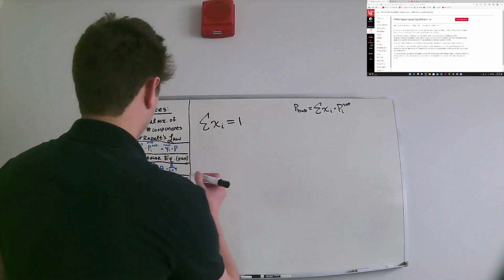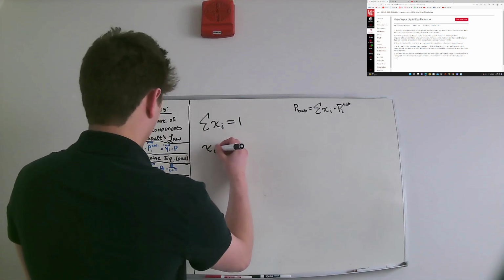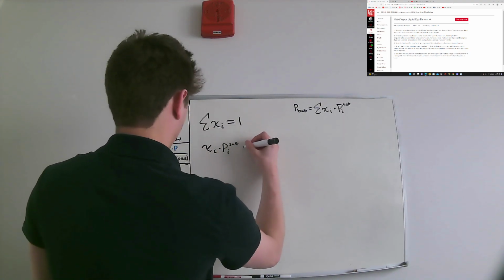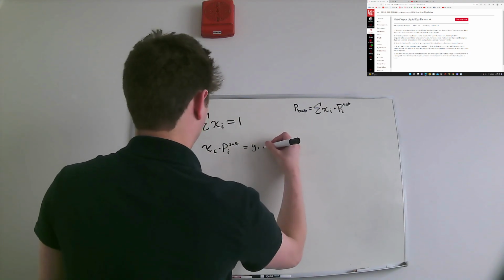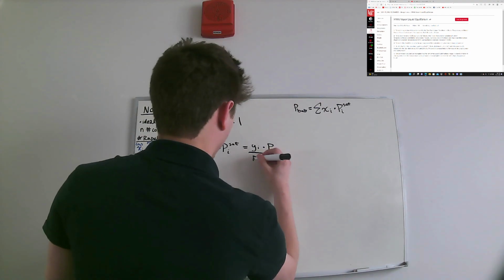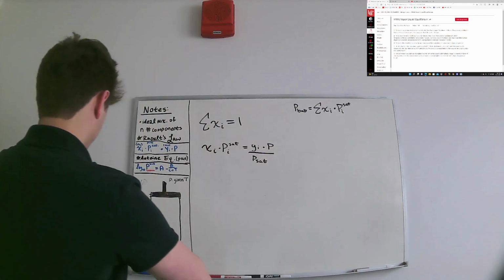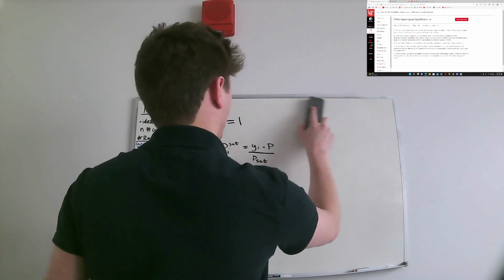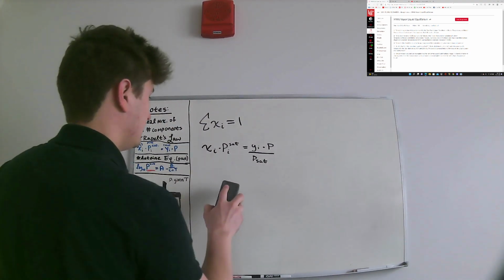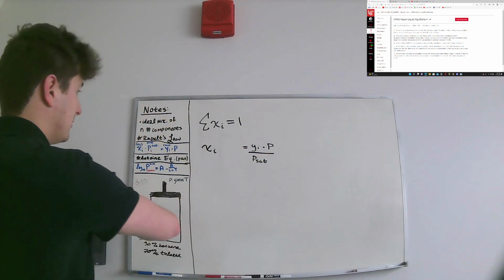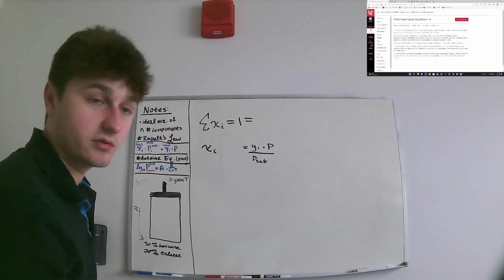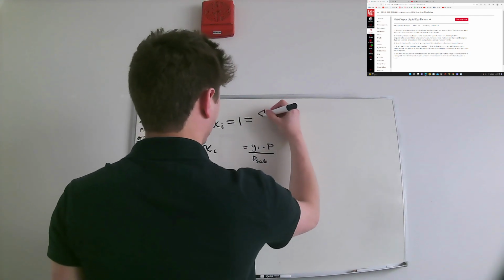So rather, we're going to rearrange our Raoult's equation, divided by P. Since this is equal to 1, we can just make this equal to the right-hand side.